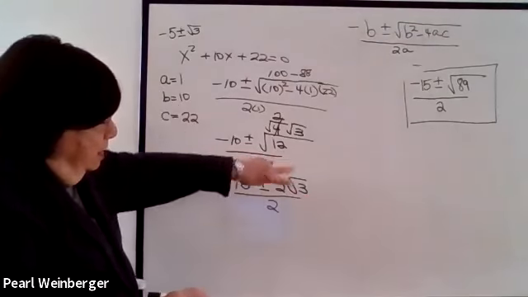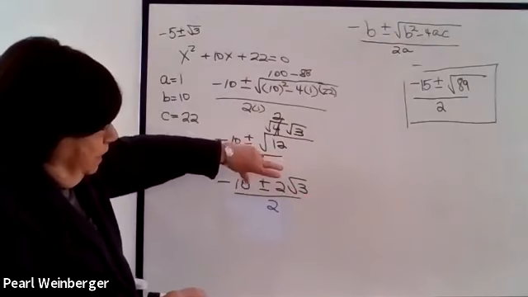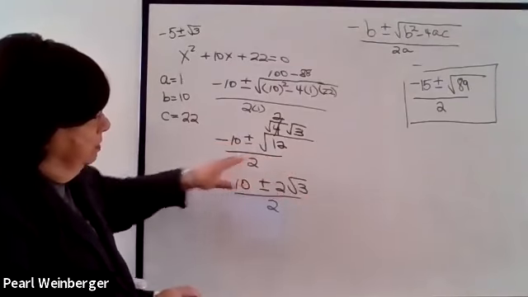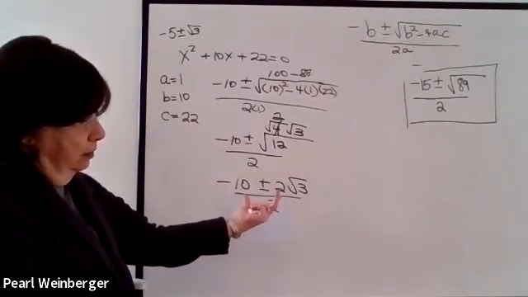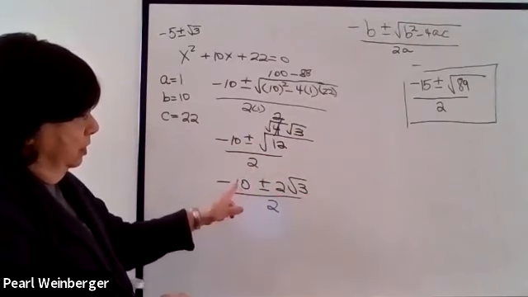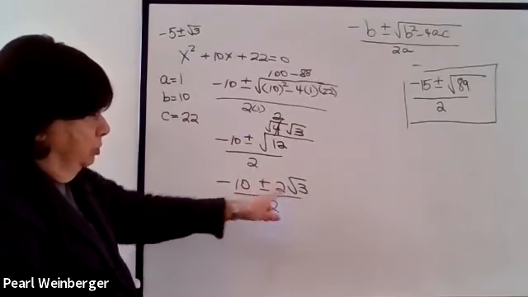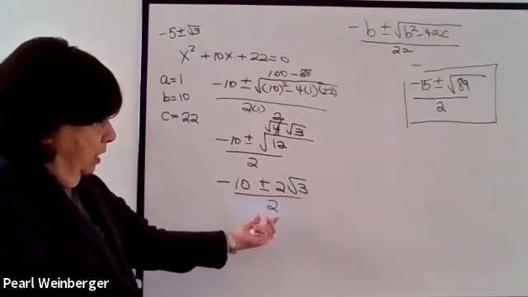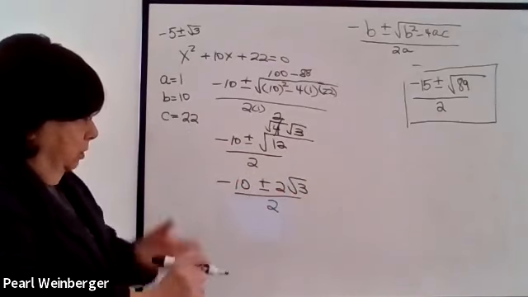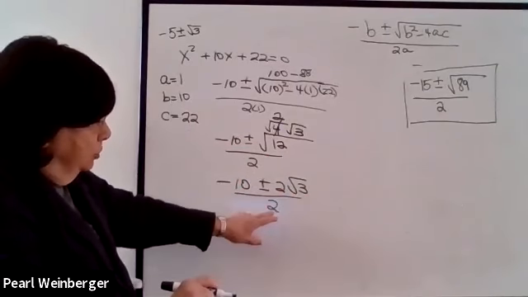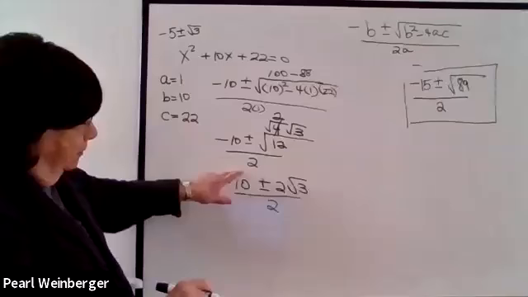And I'm going to give you a quick way to simplify an expression like this, where you have 2 terms on the top, and your denominator is only going to be a single number. You can't just do the 2 into the -10.